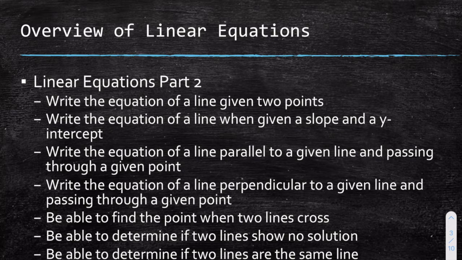If they have the same y-intercept, then we're talking about the same line. Sometimes you could have a representation that looks different just because it might be a multiple of the coefficients of another line. So that's the case in which we have the same line.